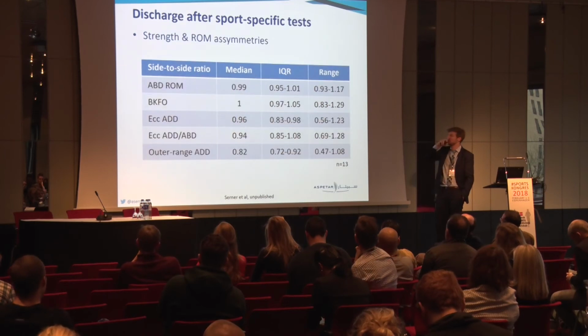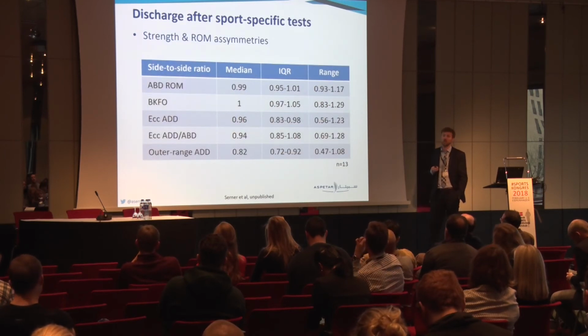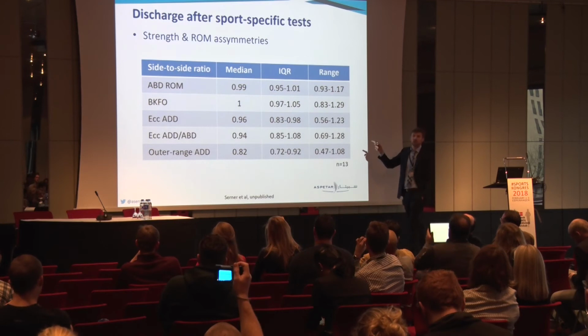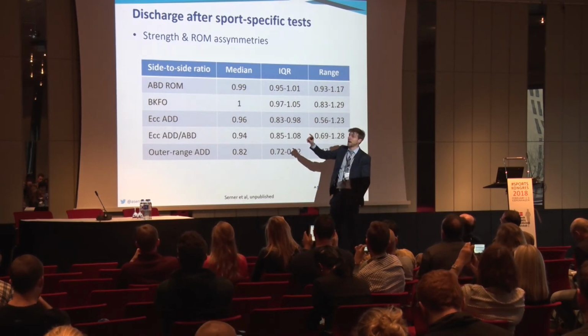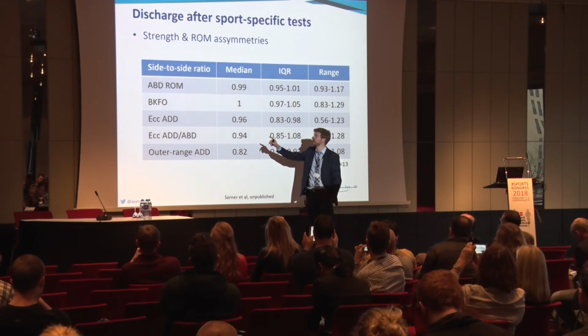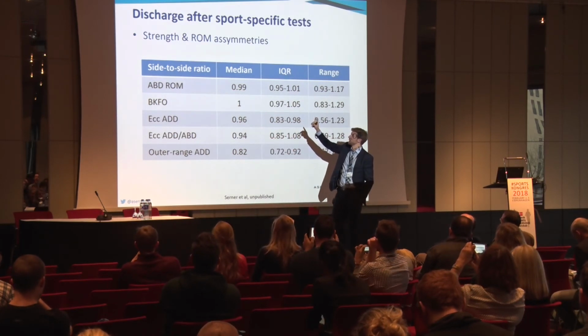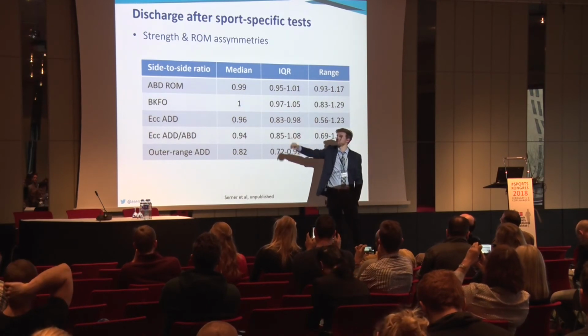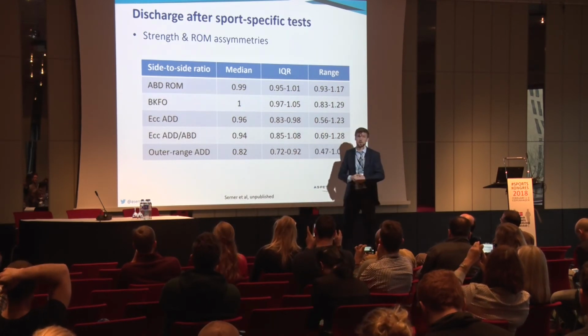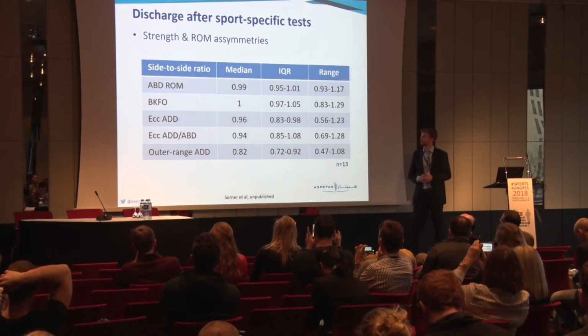If we then do a clinical examination on them, we can look at different elements. What I'm presenting here is just some asymmetries. We have our abduction range of motion in a side-lying test; in general, that's very similar. Same for the bent knee fallout, side-to-side difference.